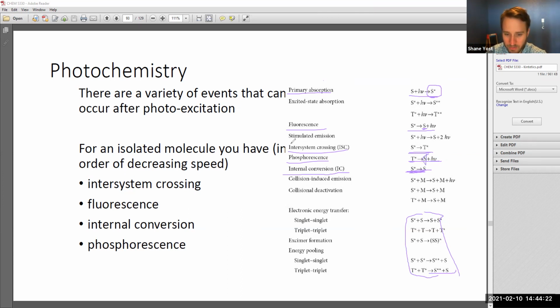Often these two processes are very slow because they involve flipping the electron spin, going from a singlet to a triplet, or a triplet to a singlet. This is a very slow process. It doesn't occur very often, and can often take a very long time.